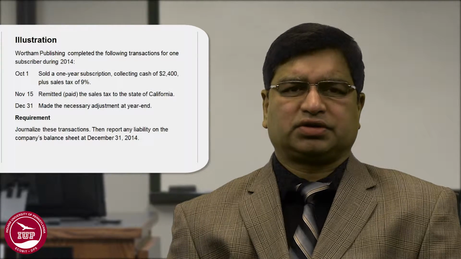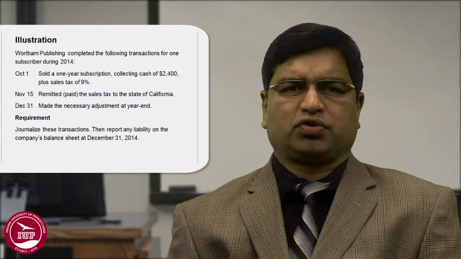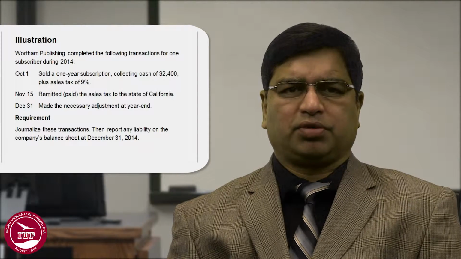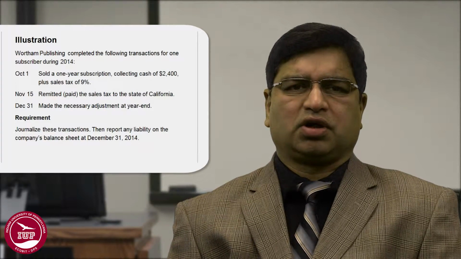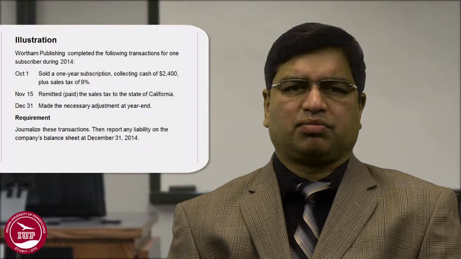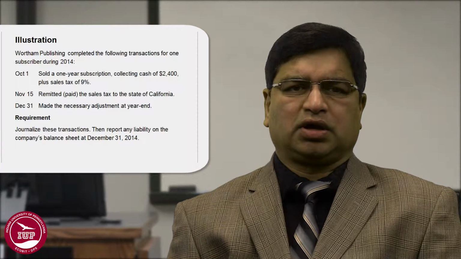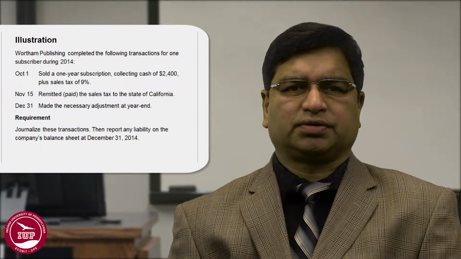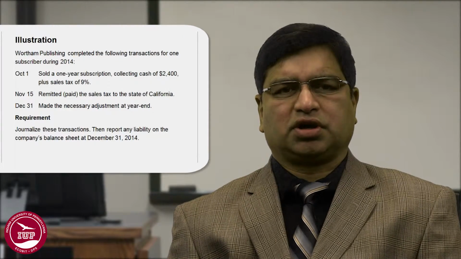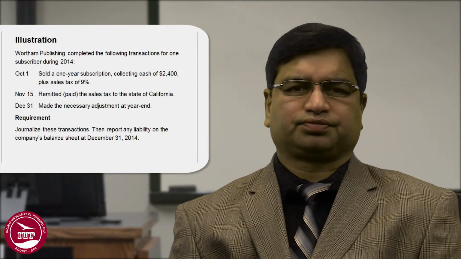Here is another illustration for an unearned revenue. Suppose Wortham Publishing Company sold a 1 year subscription for $2,400 plus collected a sales tax of 9%. It remitted the sales tax to the state of California on November 15, and on December 31st you are required to make the necessary adjustments.